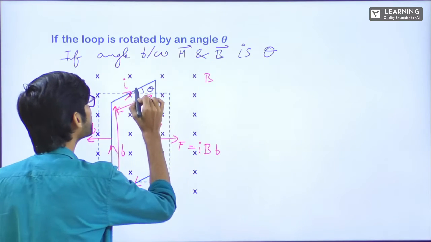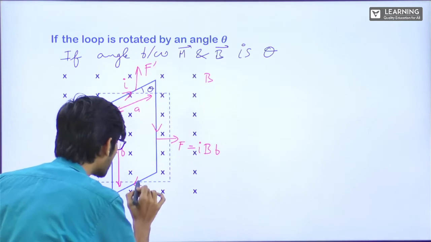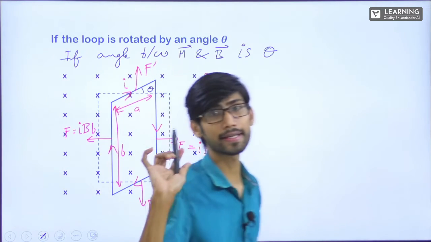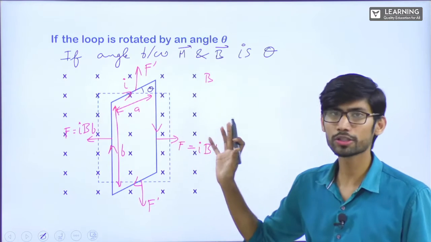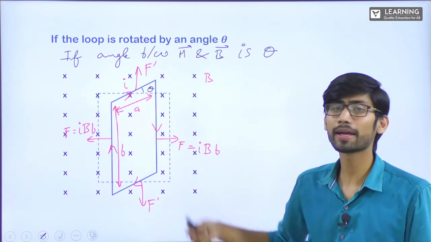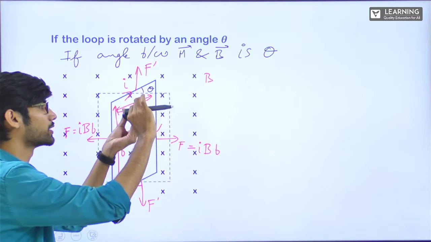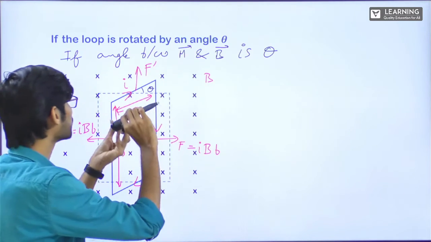Now here there will be one force upwards, F dash, let's say. The same force will be there downwards, F dash. Right now we cannot write it as I B into A. In some books it will be written I B into A. No, it's not I B into A. This is rotated by angle theta. Earlier, this current was like this, B was like this, it was angle 90 degrees, correct? But right now, this B is like this.